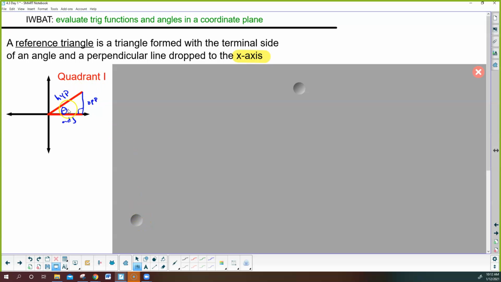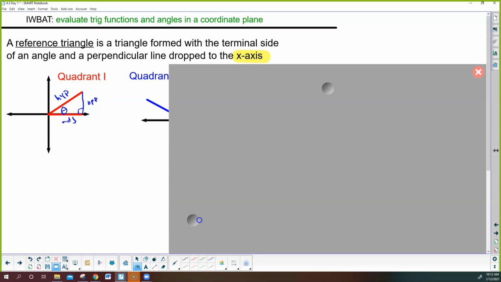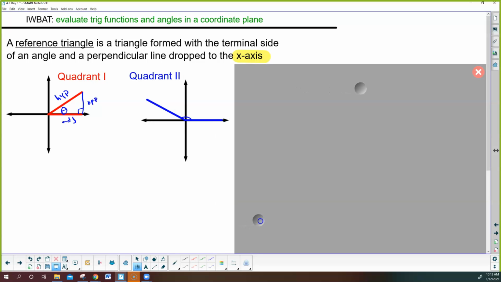Okay, now, things change when you move to different quadrants, because we're all focused on this x-axis. Remember, the x-axis is the horizontal line. The vertical line is the y-axis. So what about quadrant 2? Now here's where we have to be really conscious of what we're doing. In this case, the theta is both considered my reference angle and the original angle.